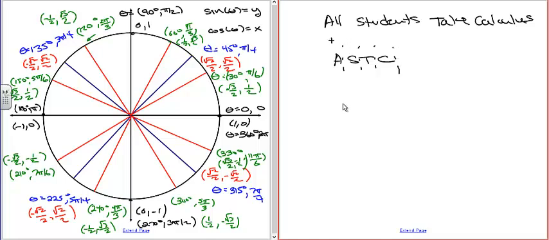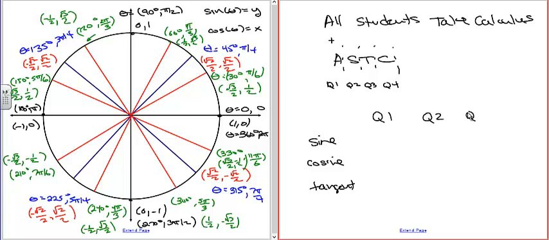This is the first quadrant, we'll call that Q1. The next one is second quadrant, third quadrant, fourth quadrant. And we have the sine, the cosine, and the tangent.